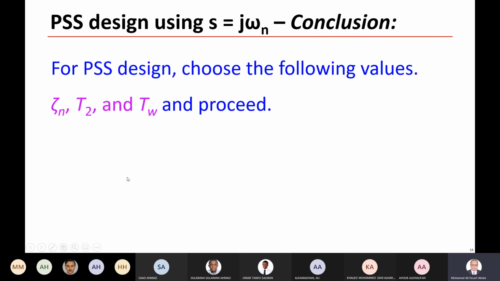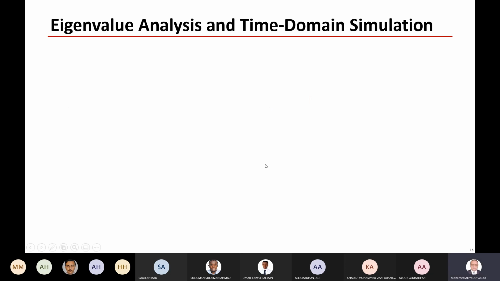So in conclusion, for the power system stabilizer, you choose zeta n, you set T2 and TW, and proceed to find T1 and the KC. That's all. This is the design of the power system stabilizer.